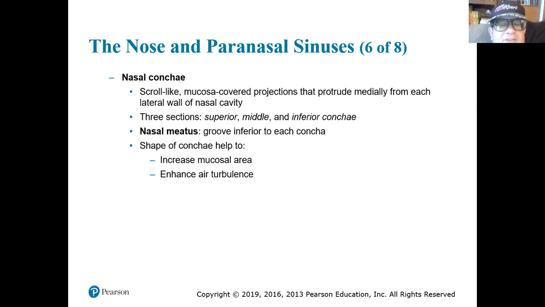The meatus is the groove below each concha. The shape of them increases the surface area that the air is exposed to for warming and moistening. It enhances turbulence as the air spins around. Like I said, any dust, small bugs, things, they're not going to make the turn as well and will slam into the mucosa and get stuck in the mucus.